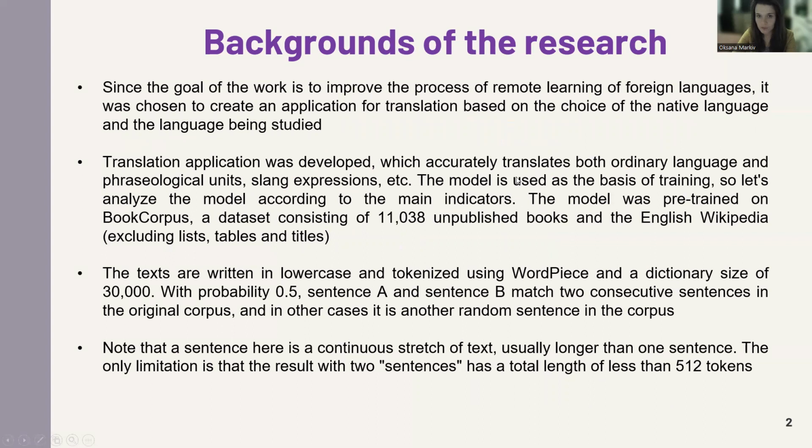A translation application was developed, which accurately translates both ordinary language and phraseological units, slang expressions, etc. The model is used as the basis of training, so an analysis of the main indicators was done, and the model was pre-trained on BookCorpus, a data set consisting of more than 11,000 unpublished books.